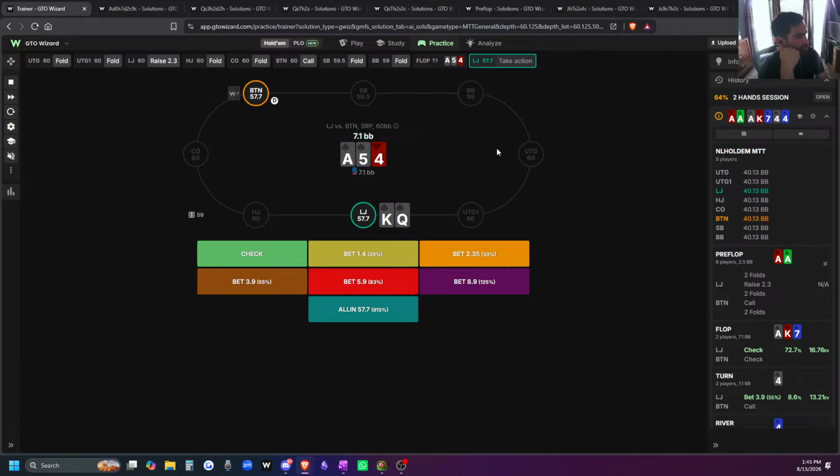Okay, ace 5-4. So the first thought I'm having is we have to have a checking range. The reason I think we have to have a checking range is we have so many hands that don't necessarily connect well. It dilutes our equity strength.